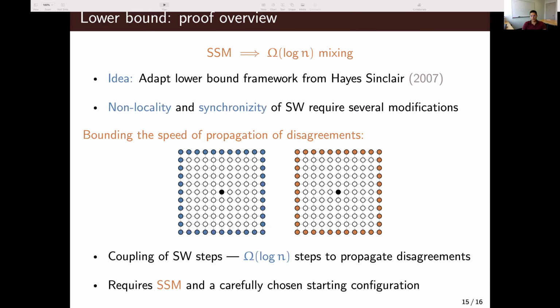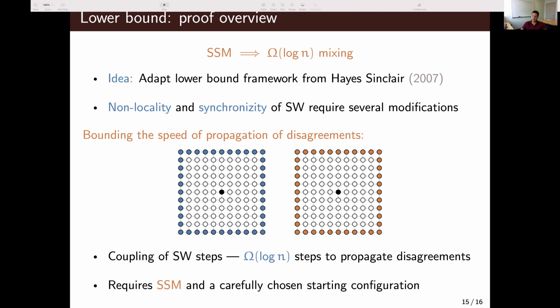So now we'll just give you a one slide proof of the lower bound, which we also think has some interesting ideas. So here we show that SSM implies omega of log n for the mixing time, and this matches our upper bound. Okay? So the high level idea here is that we adapt this powerful framework of Hayes and Sinclair from 2007 for proving tight lower bounds for the global dynamics, right?